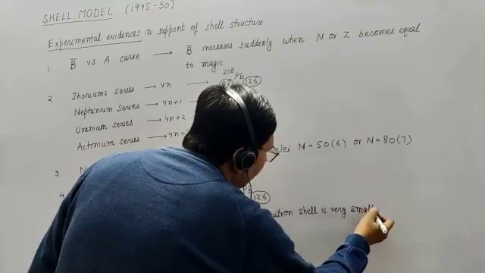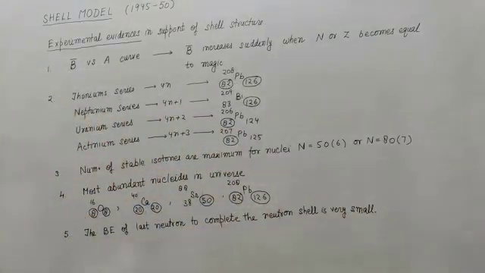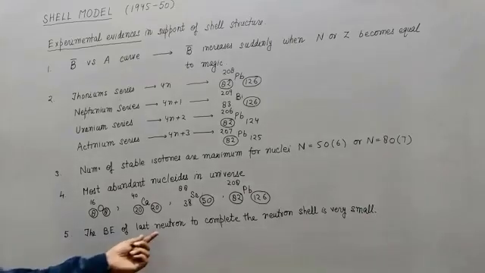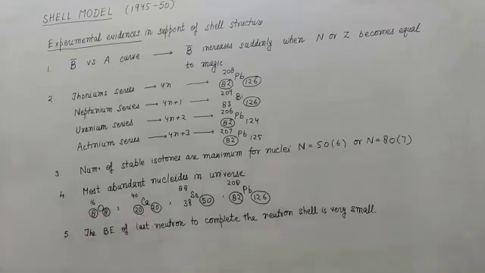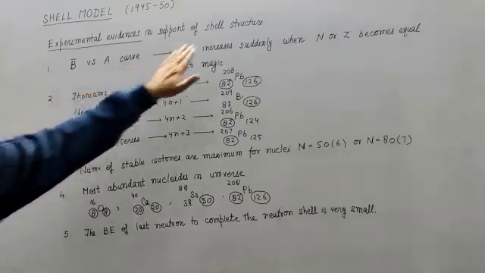This is another important fact, because a shell will be more stable when there is a closed structure, a completely filled shell. So automatically, whenever you add the last neutron to complete the shell, the corresponding binding energy is observed to be very small. All these are experimental facts which, directly or indirectly, are indicating towards the shell structure.